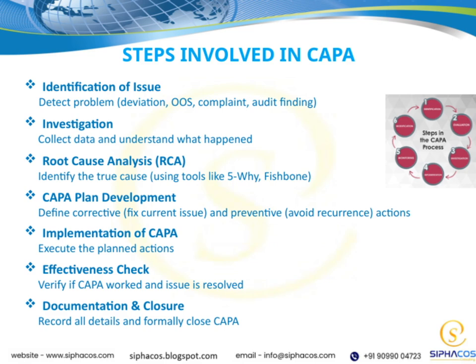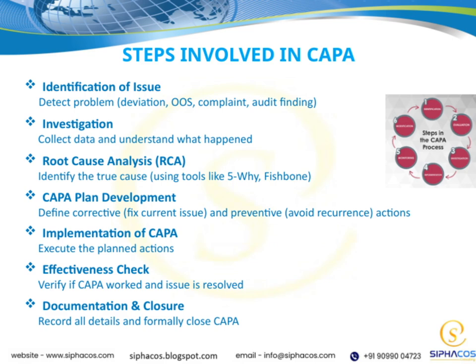After identifying the root cause, we move on to developing a CAPA plan. This involves defining corrective actions to fix the current problem, as well as preventive measures to ensure it doesn't happen again in the future. Once the plan is set, we implement the CAPA by executing the planned actions. This is where the real work begins, making sure everything is put into practice effectively.